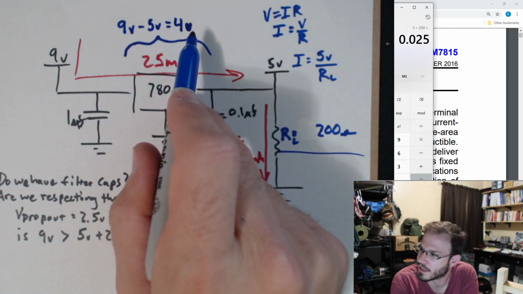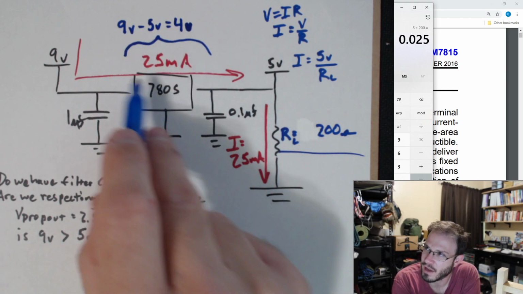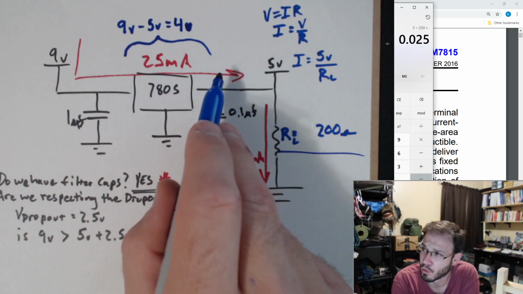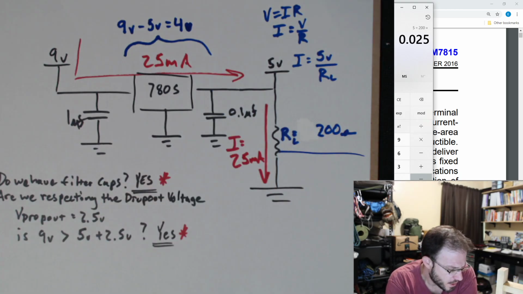Four volts across it. Okay, so we have 4 volts across the 7805, and we have 25 milliamps going through the 7805.